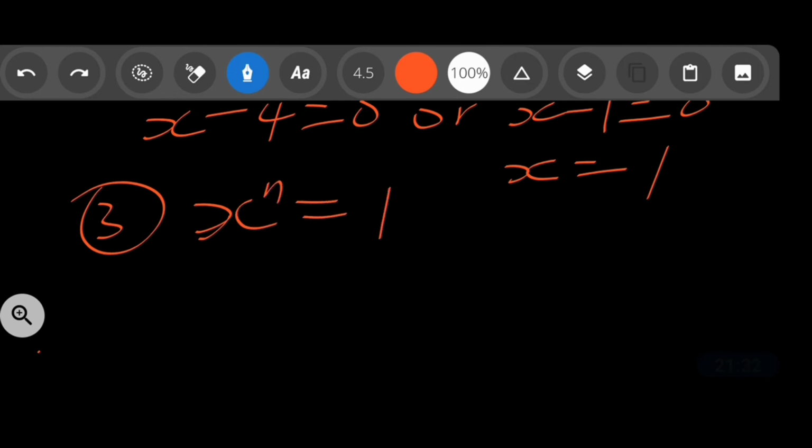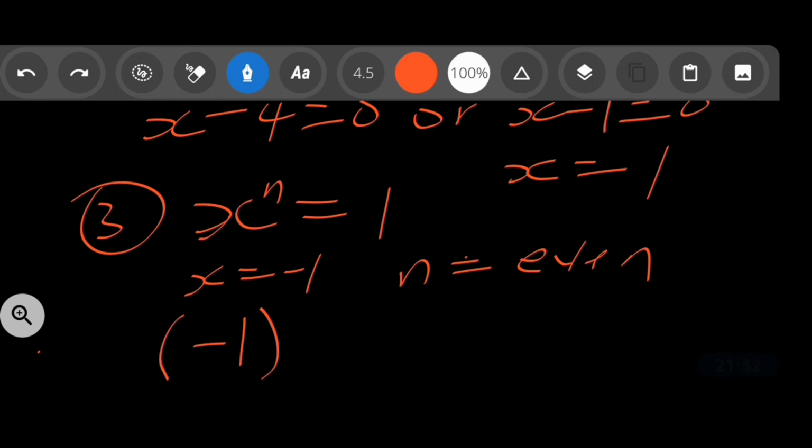Then if x is negative 1 and n is even, this gives us 1. Let me represent it more mathematically. Negative 1 raised to power an even number, a number divisible by 2, so 2 times any number is an even number. So negative 1 raised to power an even number gives us 1.